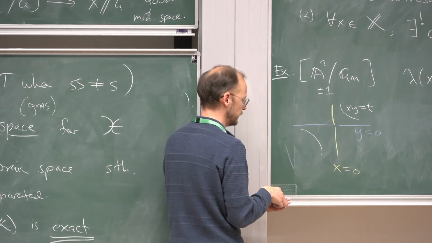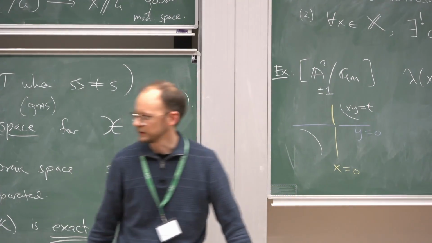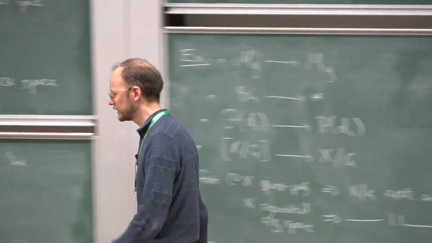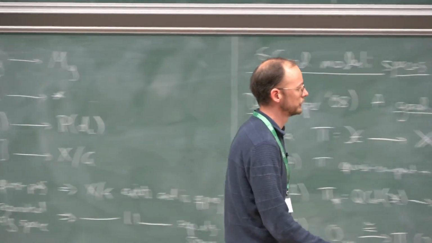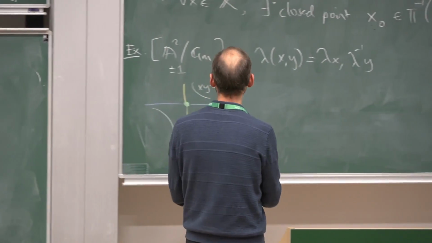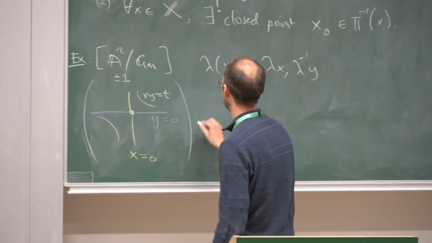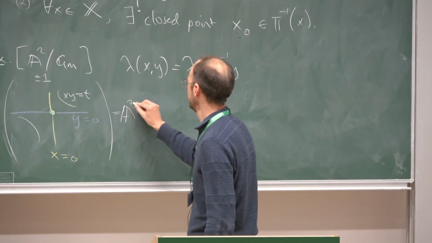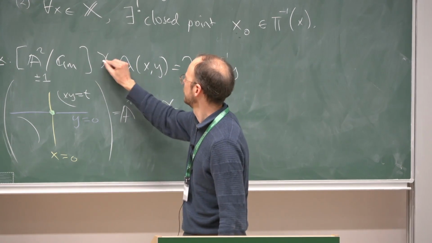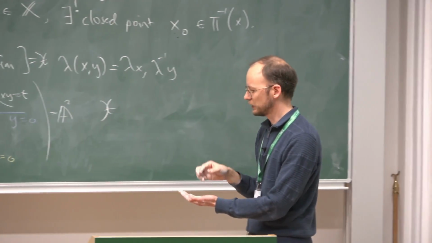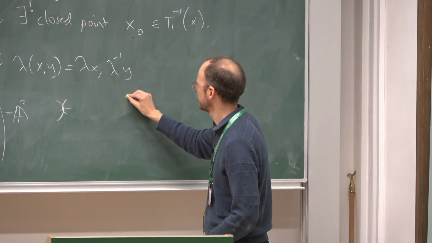It seems that I'm out of colors. And we also have the origin. This is a picture of A2. And if I want to draw the picture of my stack, A2 mod Gm, I'm just replacing the orbits with one point each.